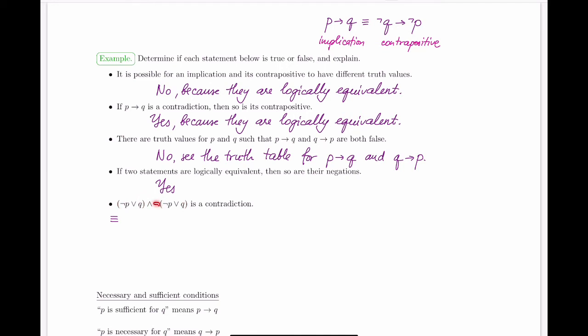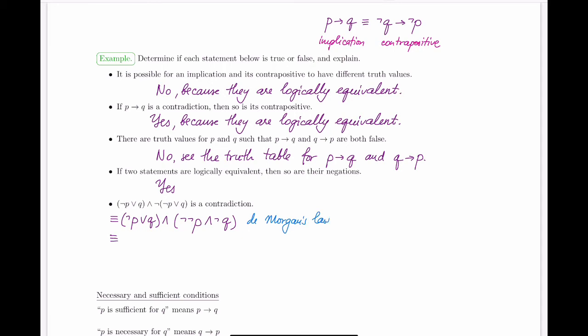So the first thing I'm going to do is to bring this negation into the brackets using the De Morgan's laws. So I'm not going to change the first portion, but I will change the next one. So I'm going to have not P and not Q. And again, I'm going to include my justifications here by De Morgan's laws.